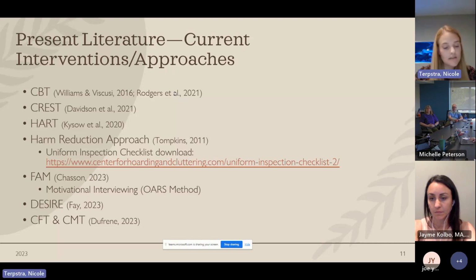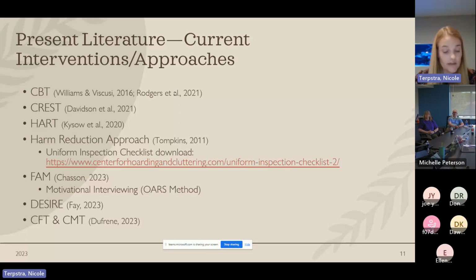Next up, we have CREST, which stands for Cognitive Rehabilitation and Exposure/Sorting Therapy. This works to address compensatory cognitive skills, exposure, and relapse prevention. Some specific tasks include using a calendar, making to-do lists, problem solving, meeting deadlines, and practicing sorting.